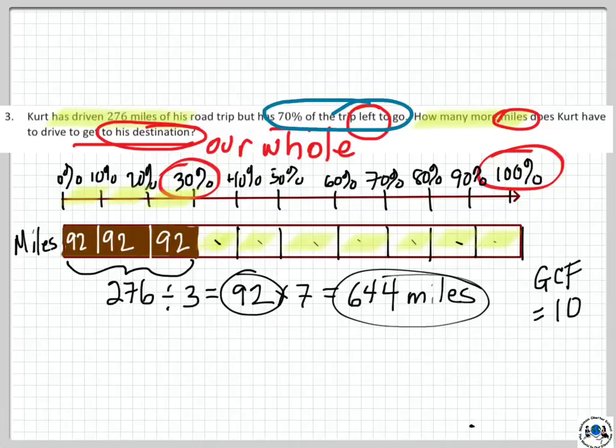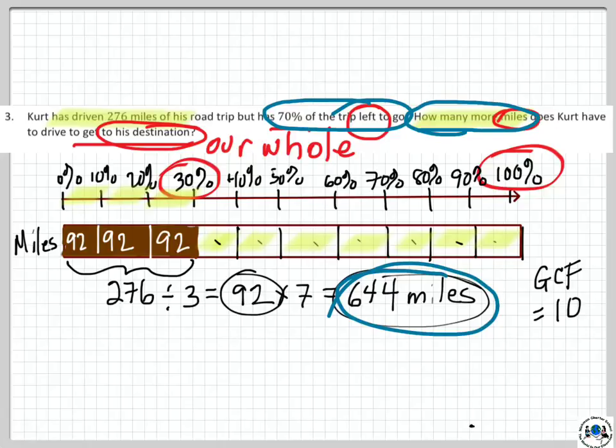Now, that is the answer to how many more miles does Kurt have to drive to get to his destination, and that would be 644 more miles, because that 644 miles would fill in all of this part of his bar, his miles bar.